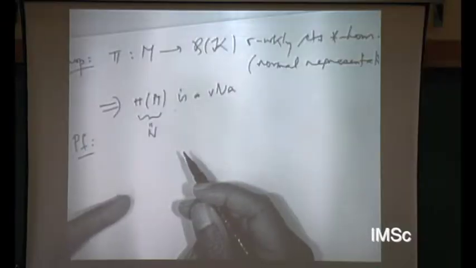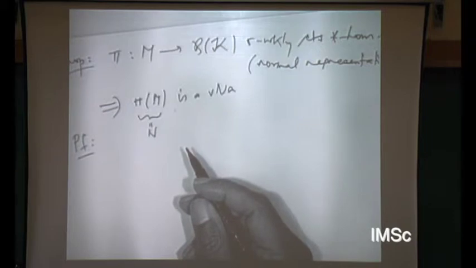Okay, so let me call this thing N. Then what we do know is M is also a C-star algebra and pi is a C-star algebra homomorphism, so the image is a C-star algebra.